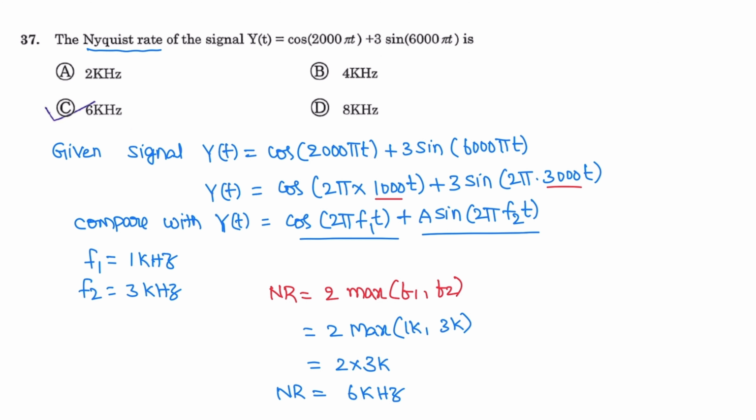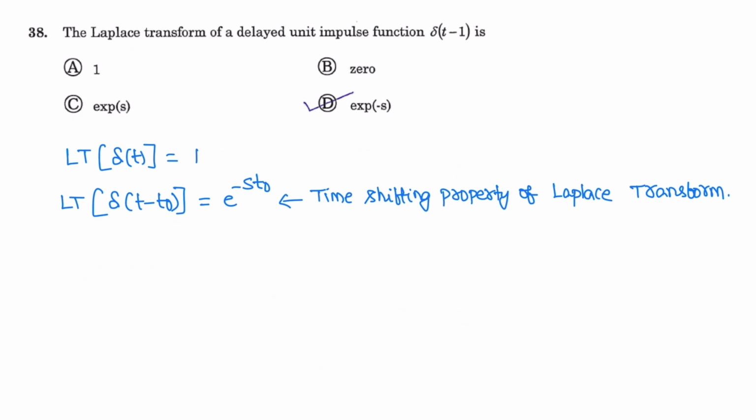Next question. The Laplace transform of a delayed impulse function δ(t − 1) is. So we know that the Laplace transform of impulse signal δ(t) is equal to 1. But by the time shifting property, δ(t − t0) is equal to e^(−st0).